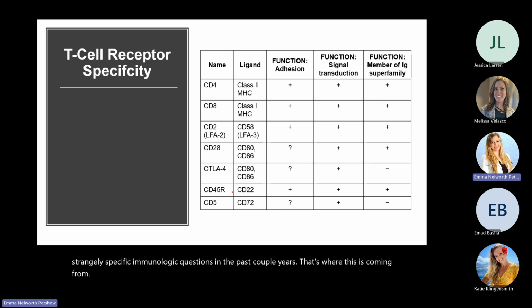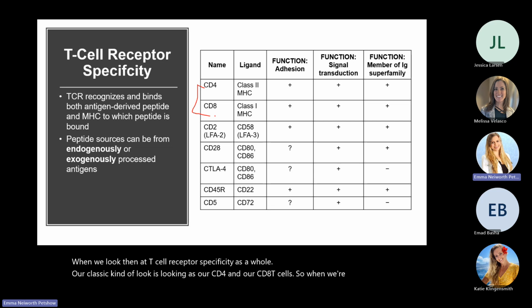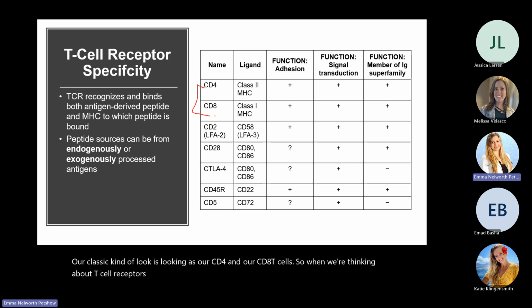When we look at T cell receptor specificity as a whole, our classic look is at our CD4 and our CD8 T cells. T cell receptors recognize antigens in context because they bind not just the antigen, but the antigen plus the MHC it's presented on.